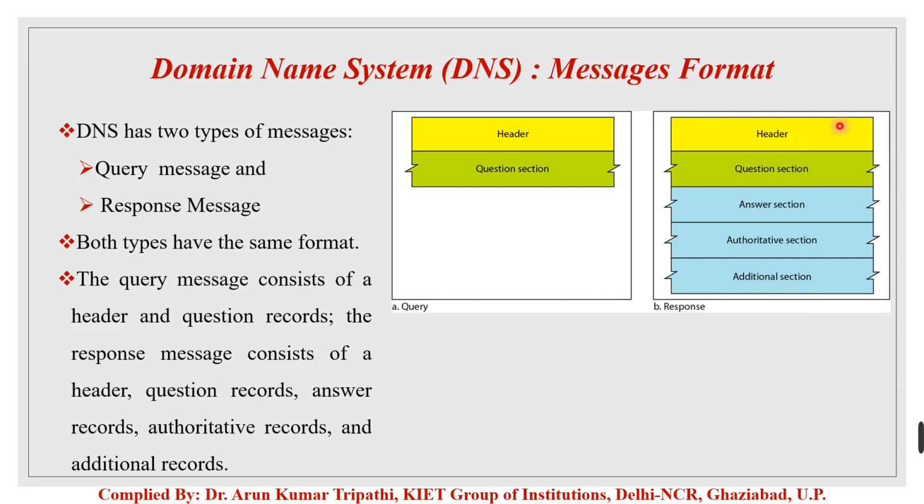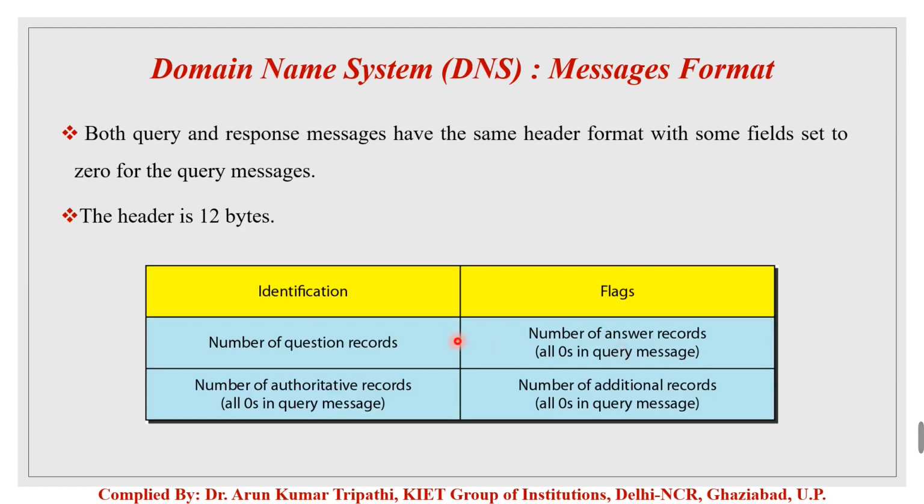Firstly, we are discussing the header section. What are the fields of the header section and what are the responsibilities of those fields? So here these are the six fields in the header section. The header is 12 bytes long. The fields are the identification field, flag field, number of question records, number of answer records, number of authoritative records, and number of additional records.